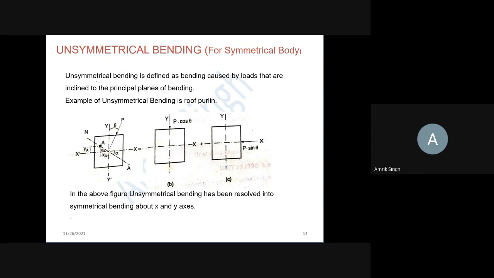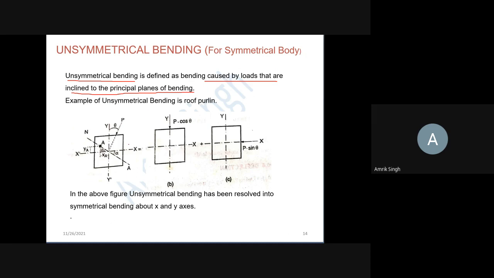Now you see, we can define unsymmetrical bending. Unsymmetrical bending is defined as a bending which is caused by loads that are inclined to the principal plane of bending. So it is not in the plane of bending.